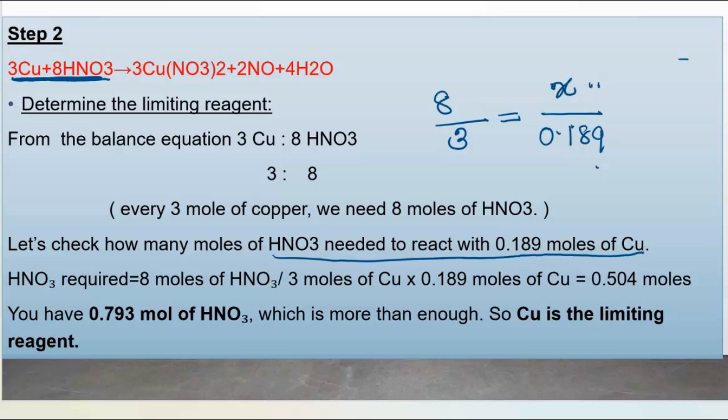Moles of nitric acid is equal to 8 times 0.189 divided by 3 equals 0.504 moles. Now you have 0.793 moles of nitric acid, which is more than enough. Therefore, copper is the limiting reagent.